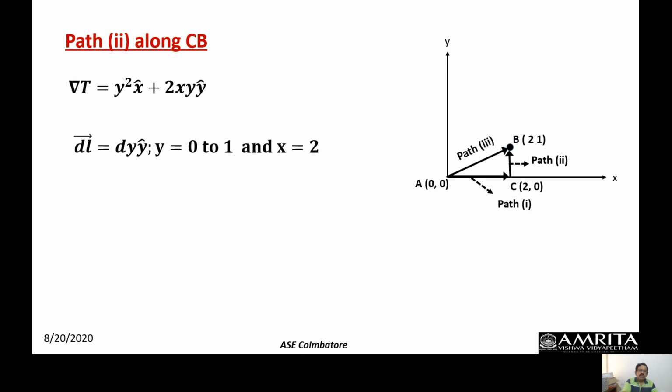Once I do the del t dot dl, I am going to get this. These are perpendicular, this x hat and y hat are perpendicular, so this term is going to vanish. This term leads to the line integration of 2xy dy moving from point 0 to 1. So that is written like this.